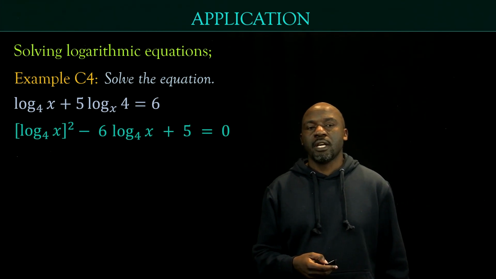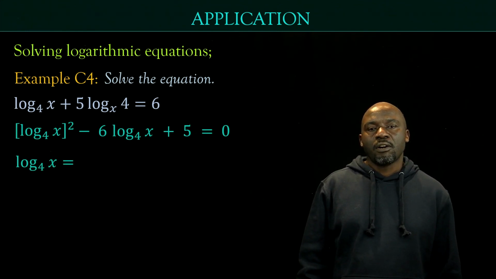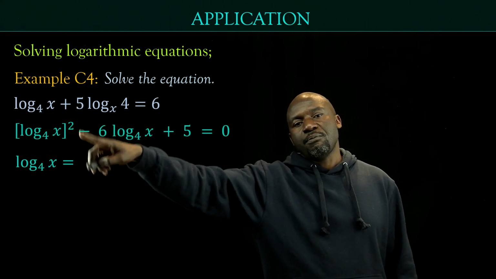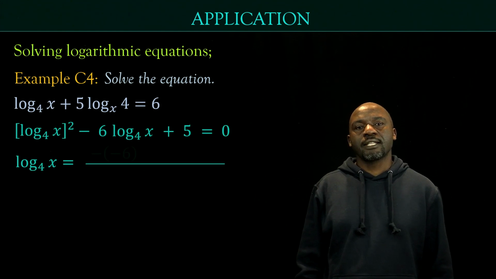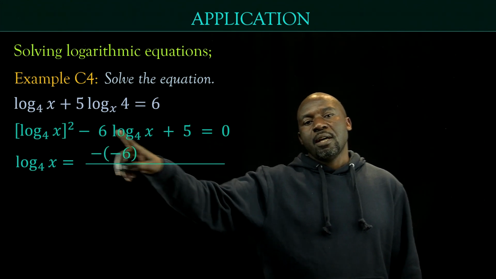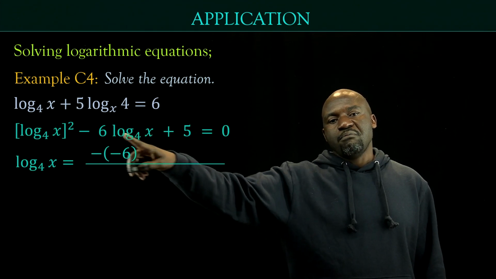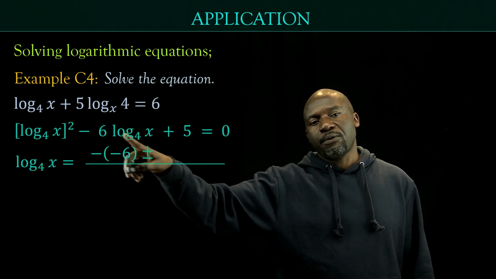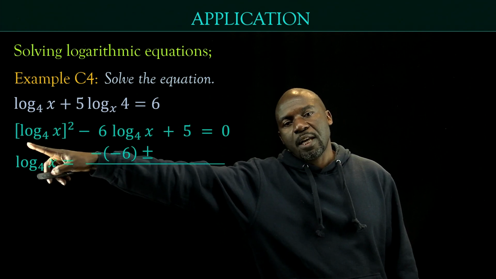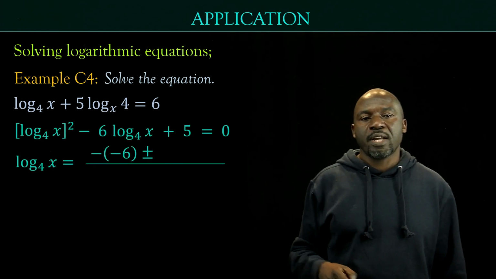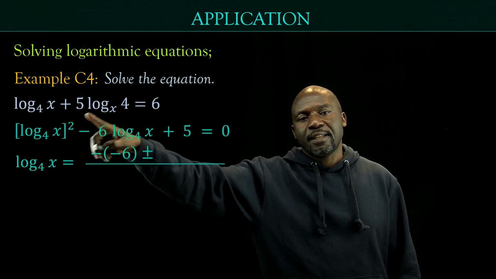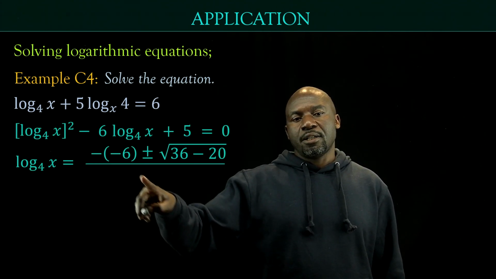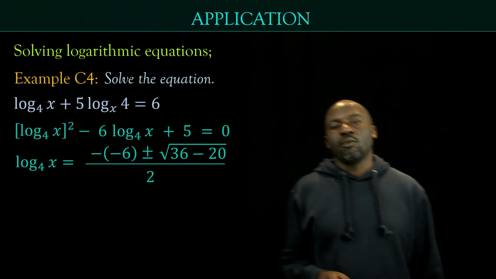So then log to base 4 of x, or t if you like, must be equal to the negative of b, so minus of -6, plus minus the square root of b squared, which is 36, minus 4 times a times c. 4 times 1 times 5 is 20, so we have the square root of 36 minus 20, and everything divided by 2a, which is 2 times 1, which is 2.